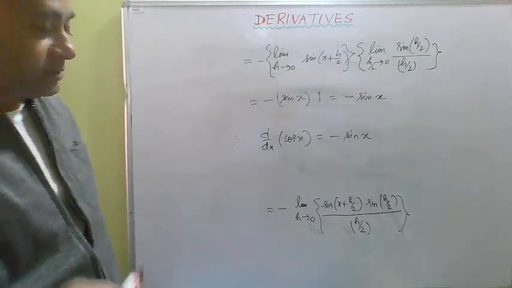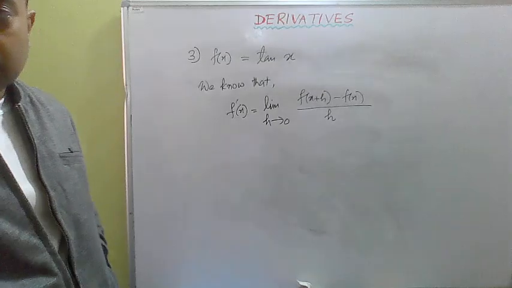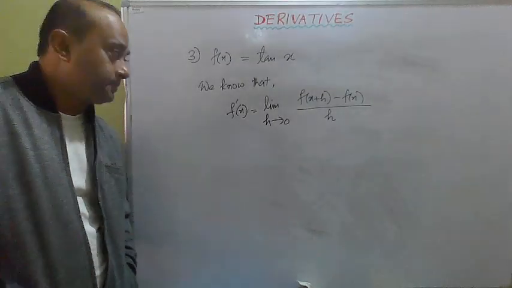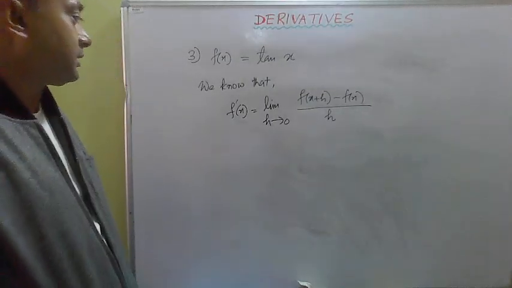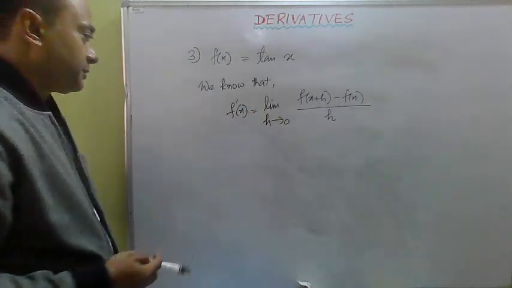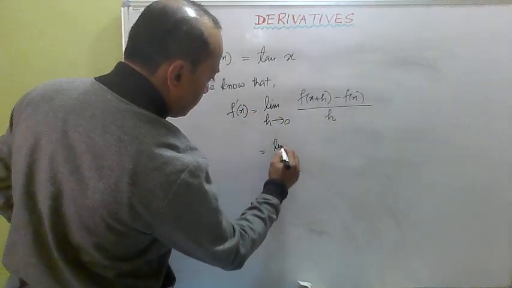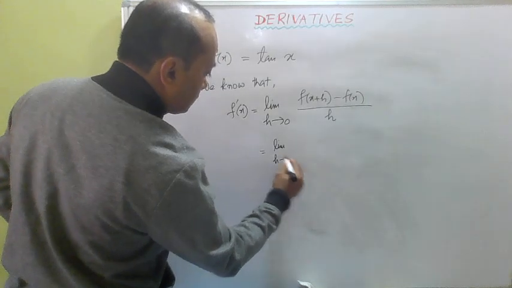So by default, what is the third function now? Tan x. Yes. So the third one, we see f(x) equal to tan x, and the beginning is always the same, the formula of first principle. Now we have to insert the functional values, that is limit of h tends to 0.